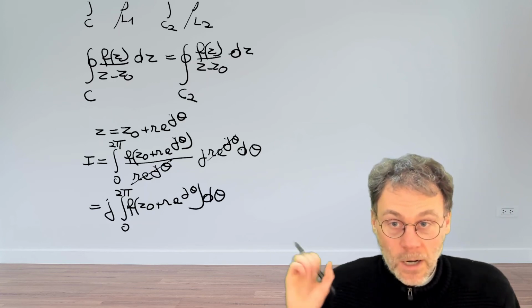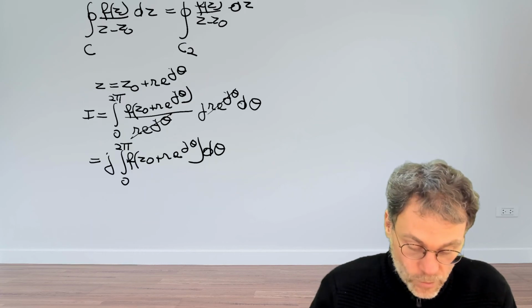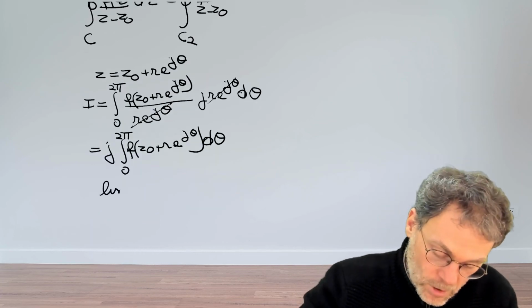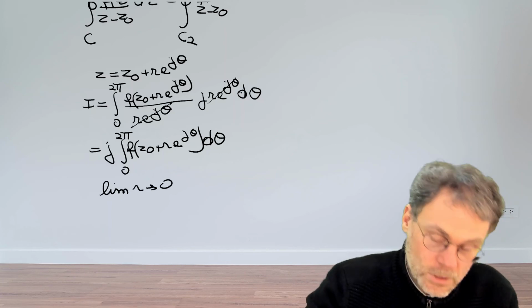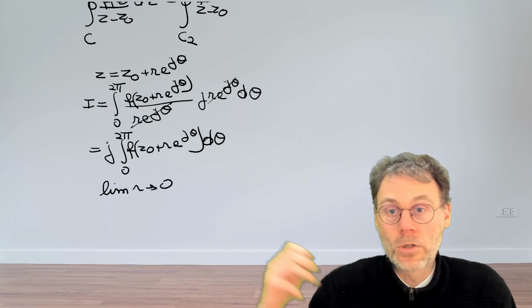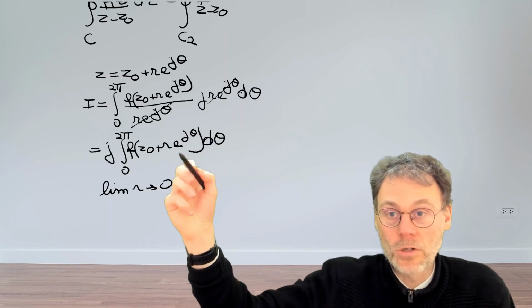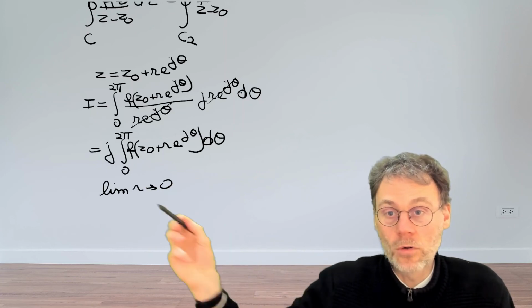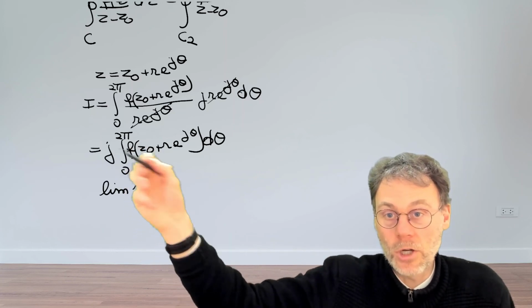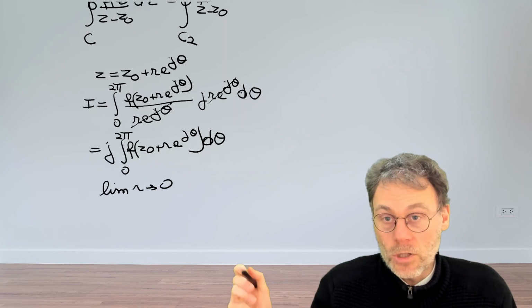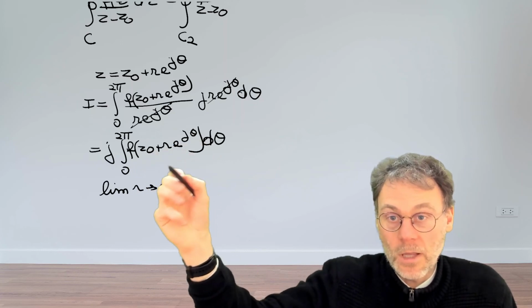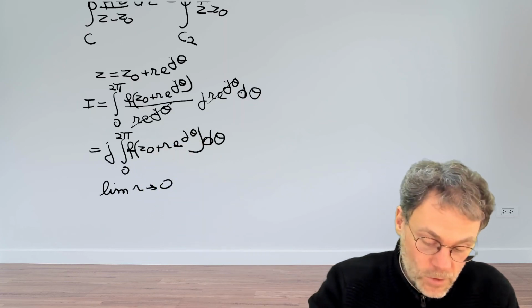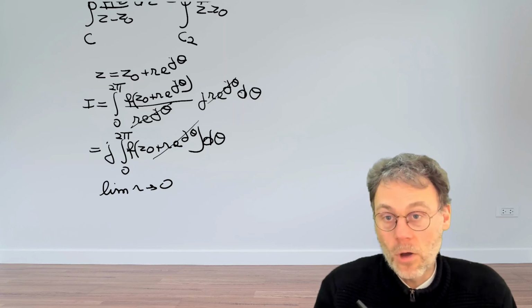Now we're tantalizingly close to the end result. What we're going to do next is take the limit of r going towards 0. And we're going to assume that since we're dealing with well-behaved functions here, we can exchange the order of the limiting operation and the integration operation, such that if we take the limit of r going towards 0, this thing becomes a constant.